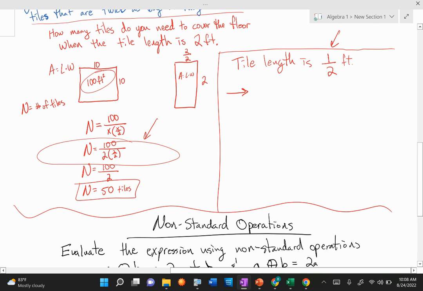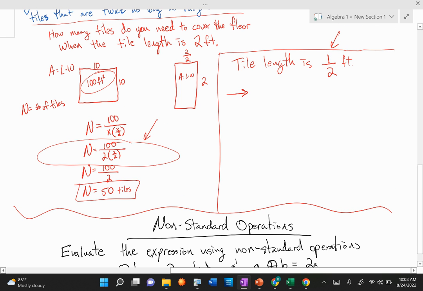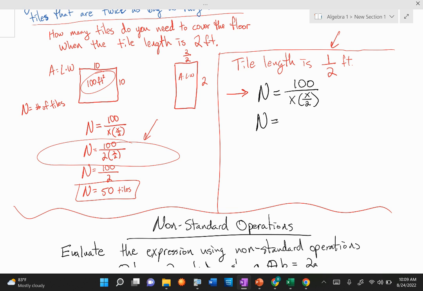Okay. So if we were setting it up, we have n equals 100 over still x times half of x. When we're plugging in our numbers, I just want to make sure we're plugging in correctly. As long as we can plug in correctly, I'm pretty confident in our math skills from there.